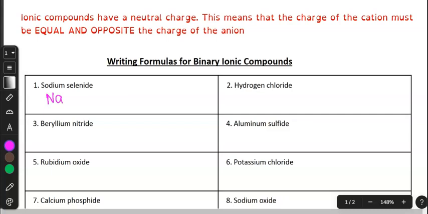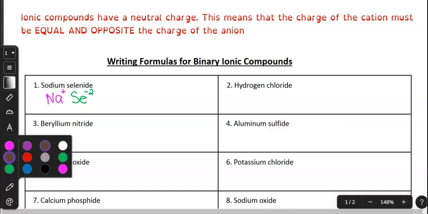If you look at the top of its column, it has a charge of +1, so I'm going to put a plus there. Now let's look for selenide. Selenide is atomic number 34. Its abbreviation is Se. And if you look at the top of its column, its charge is -2.